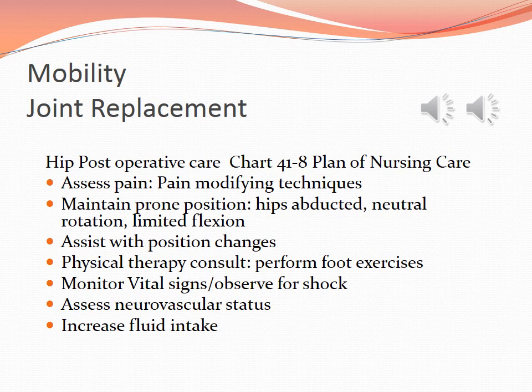We assess the extremity for color and temperature, capillary refill, edema, and swelling, elevate the lower extremity, assess for deep throbbing, assess for pain on passive flexion, assess for change in sensation and numbness, and assess ability to move the foot and toes, assessing pedal pulses on both feet, and notifying the surgeon if altered neurovascular status is noted.